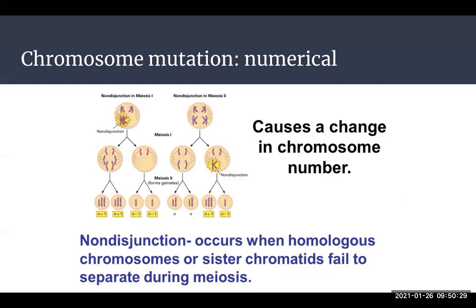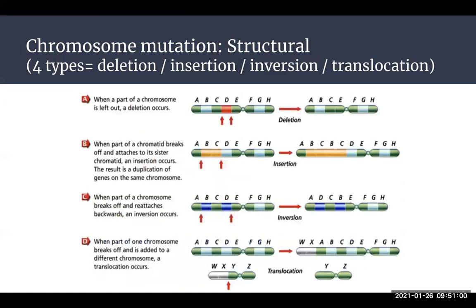We had an example before, if you remember, Down syndrome is a trisomy. That means it has triple the amount of a particular chromosome. Chromosome number 21, instead of having two, just like a normal human being, the individual has three number 21 chromosomes. So that is numerical, pretty simple.